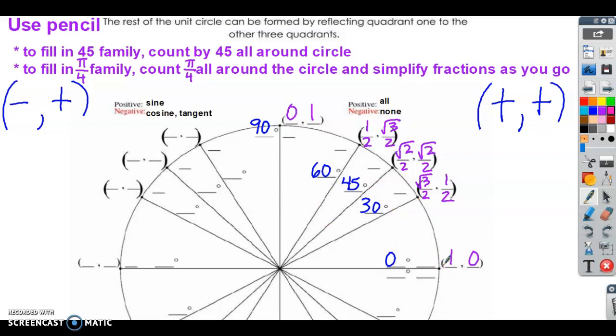Okay, so we know that this ordered pair right here has an x value of 1 because the radius is 1, and we didn't go up or down, so y is still 0. Okay, and here the x coordinate is 0 and the y value is 1. Again, radius is 1. So I'm going to go ahead and fill in the rest of the degrees in this circle.